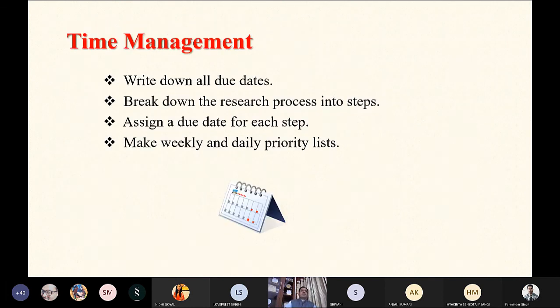We have to go for proper time management, which means daily we have to devote time to the research.